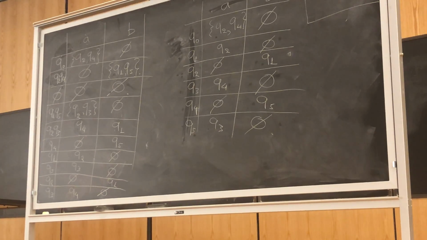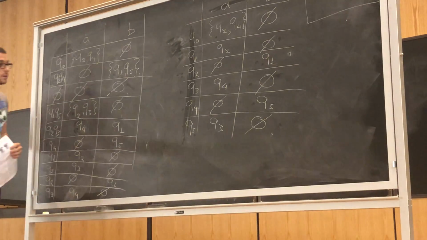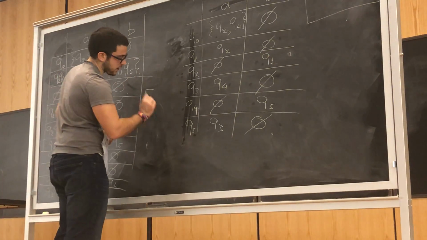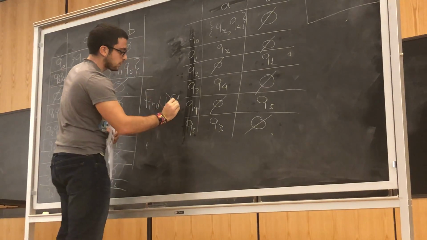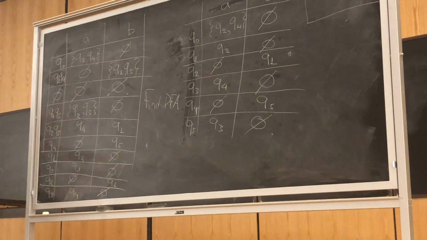Okay? Do we have to draw the DFA finally? Not necessary. If you are asked to find the DFA, the table is enough because it's fully defined.